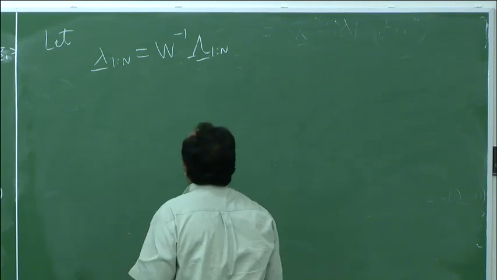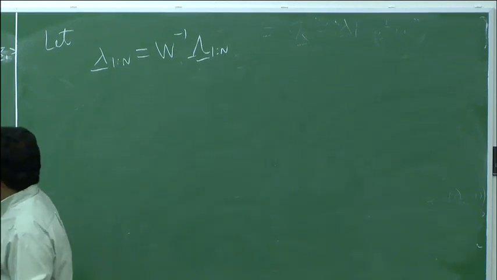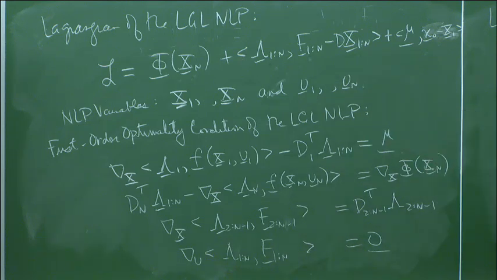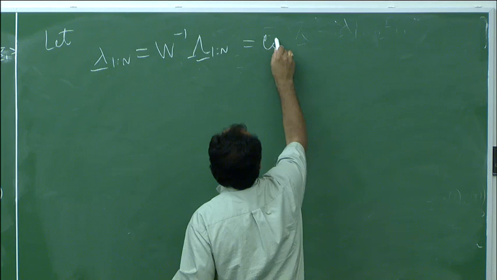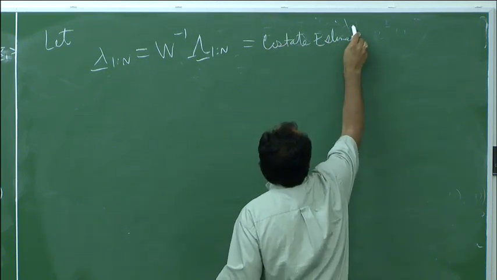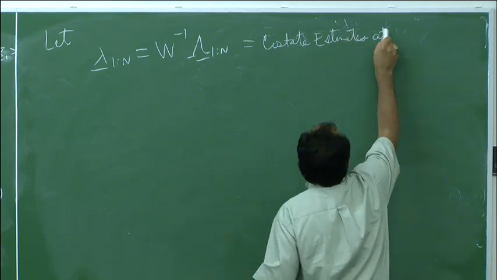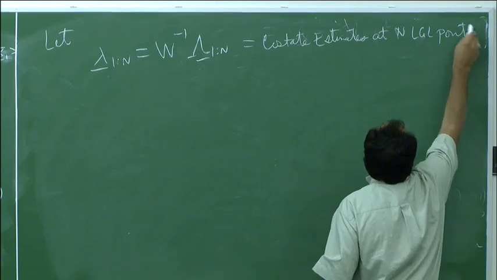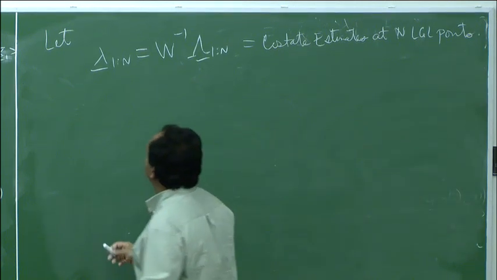Remember, the capital lambda 1 colon n are the Lagrange multipliers associated with those collocation equations. And these little lambdas are the costate estimates at the n LGL points.